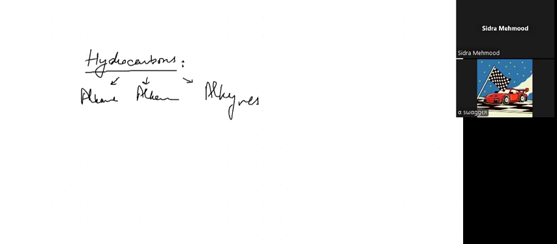One has double bonds and one doesn't. Which one is having double bonds? Alkenes are having double bonds.